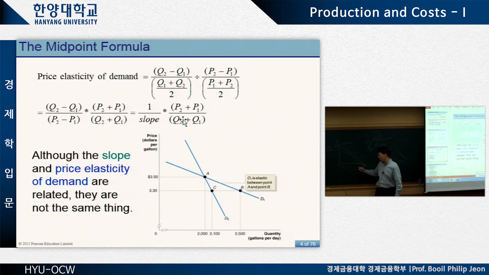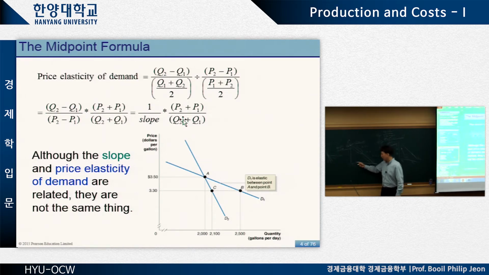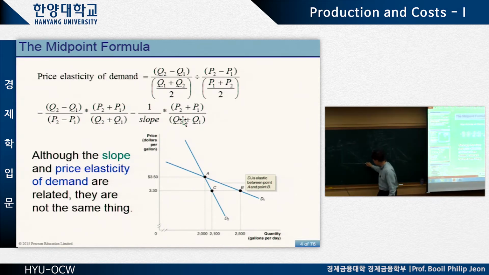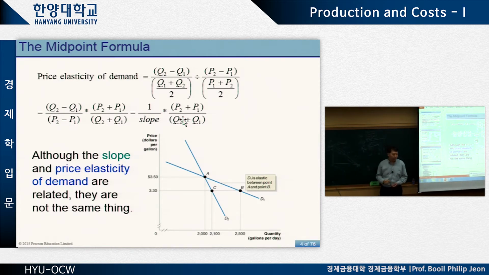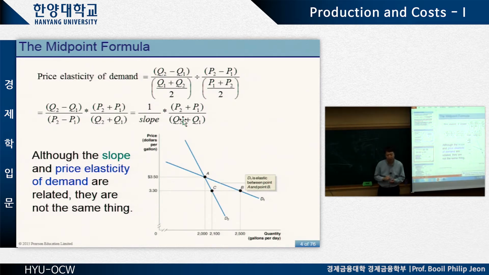So price will be something very small plus 0, because P1 will be here and P2 will be here. From this point to this point, we are either raising or lowering price by an extremely small amount.